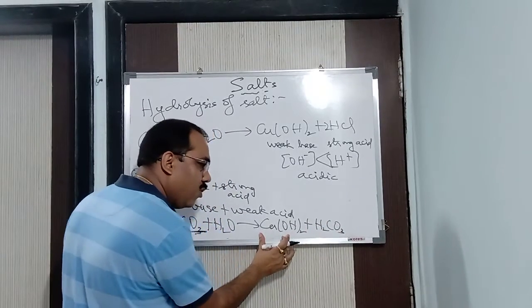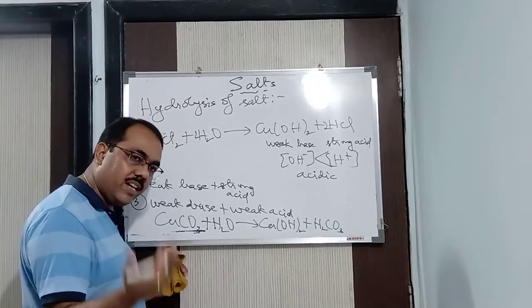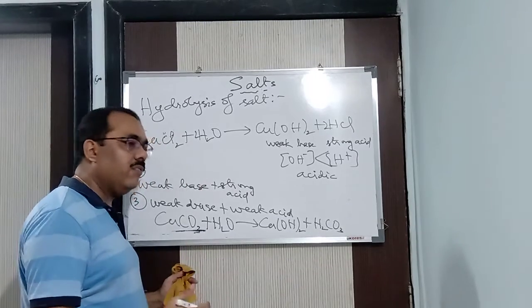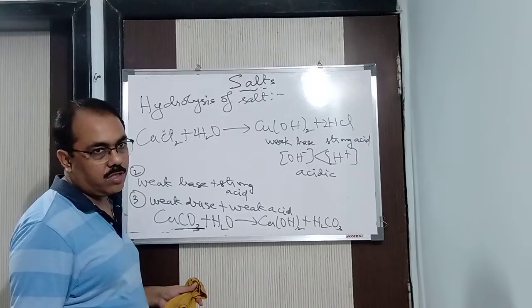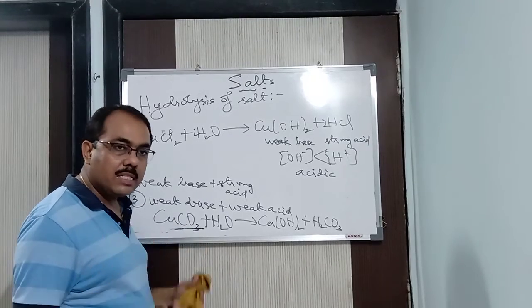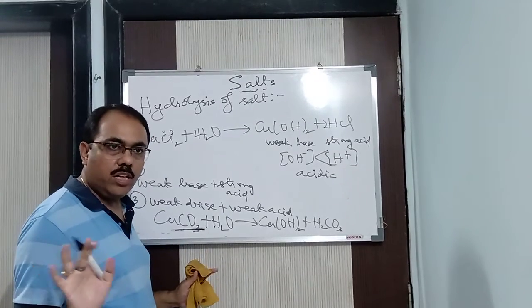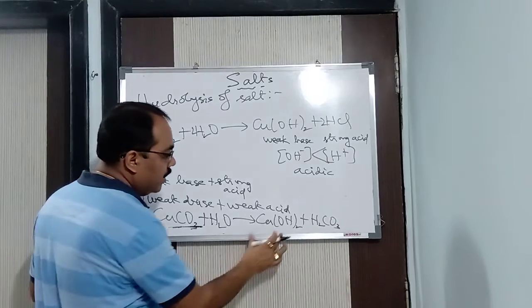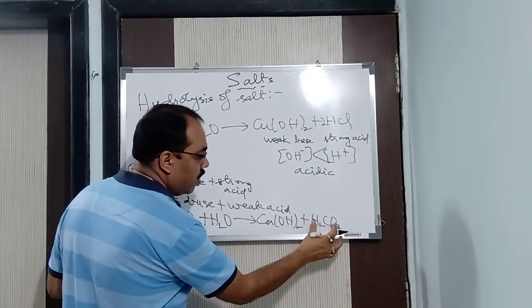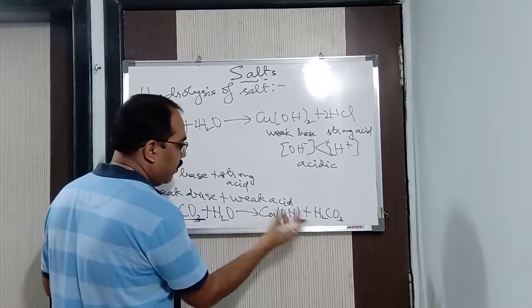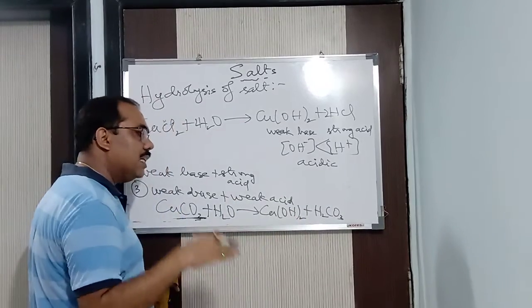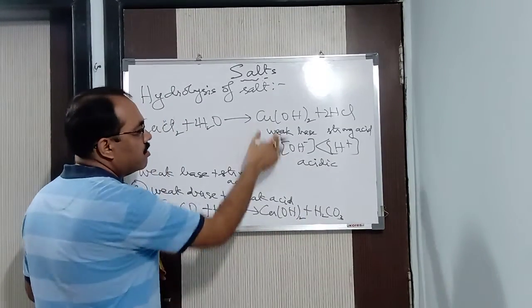So here either OH minus ion will be more than H plus ion concentration, or H plus ion will be more than OH minus ion concentration. So resultant solution may be either acidic or basic, but it will never be neutral. It will never be, because it will never be equal. Either this concentration can be more than this, or this concentration can be more than this. It depends.